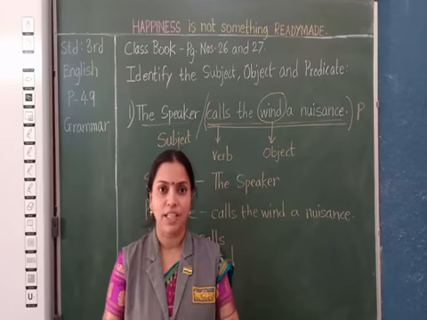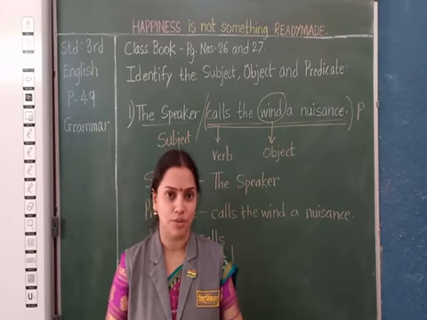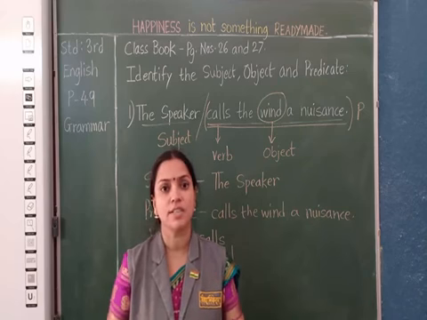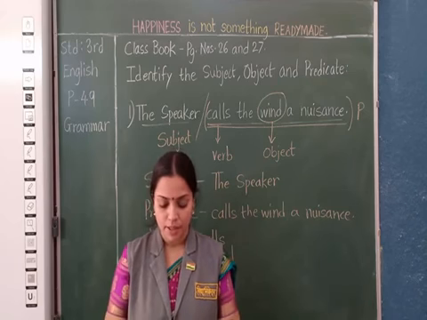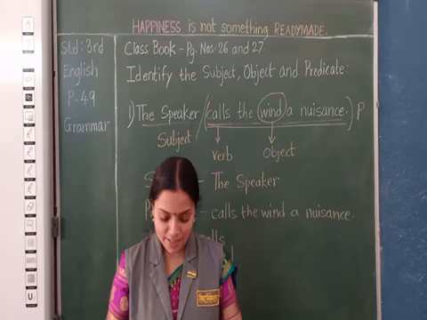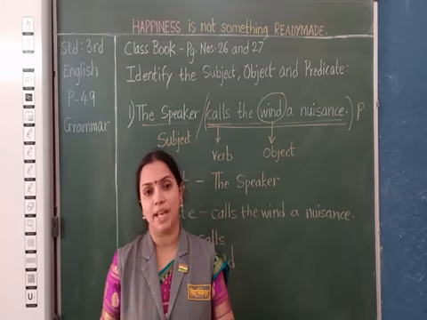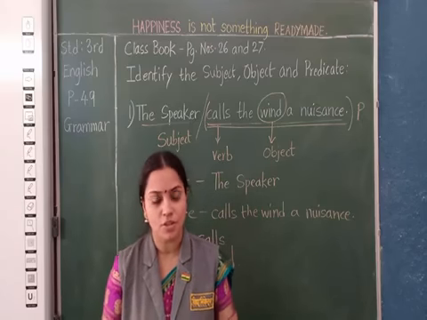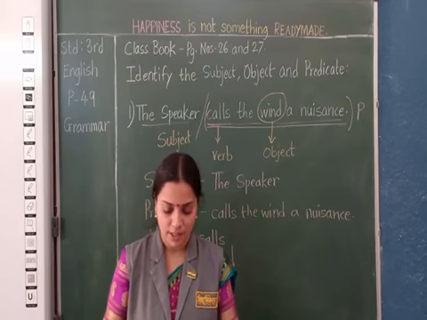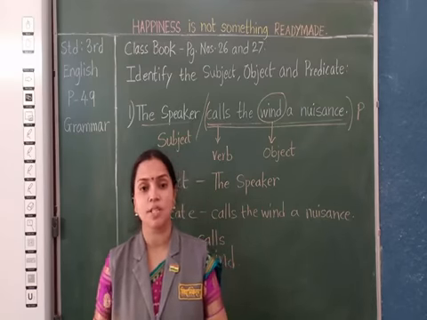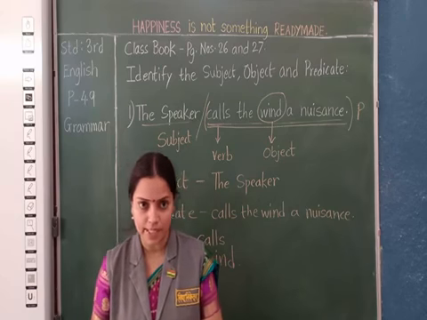It. Here pronoun is used. So, it is our subject. And you know tears the leaves and blossom from the pear will be our predicate. So, subject is it and tears the leaves and blossom from the pear is our predicate.